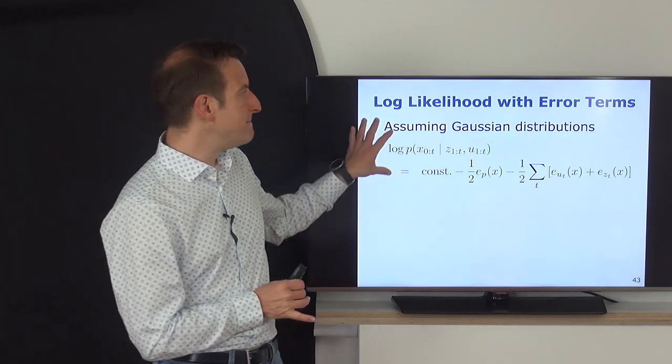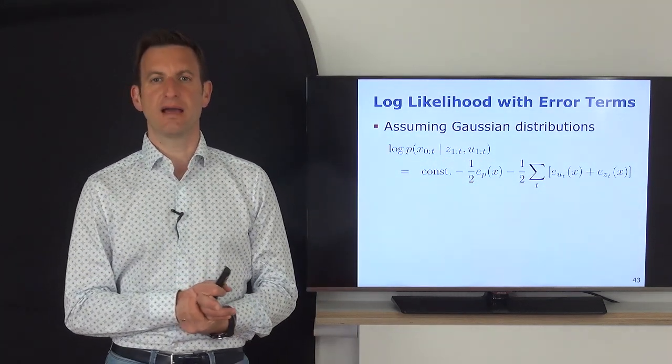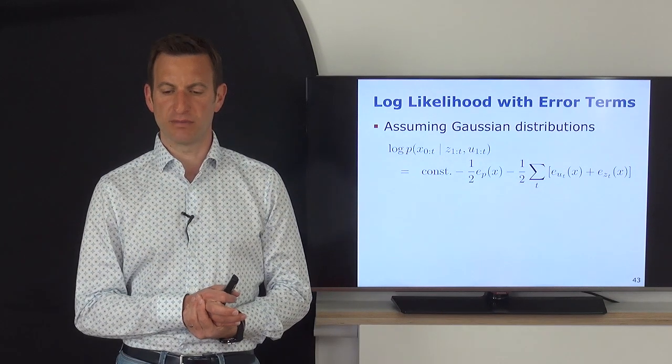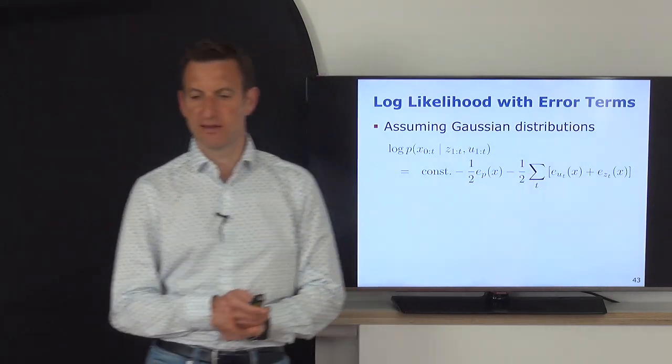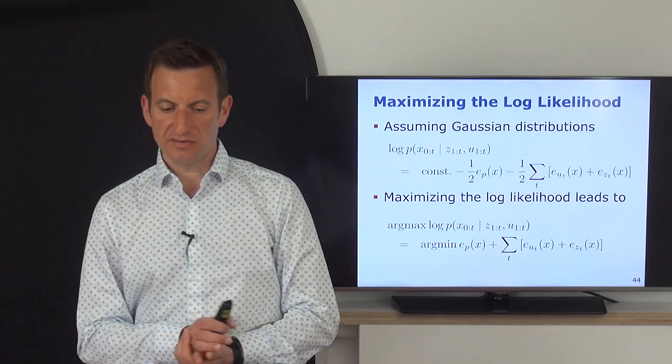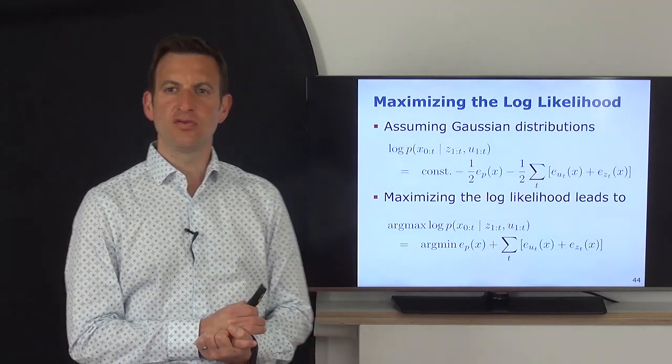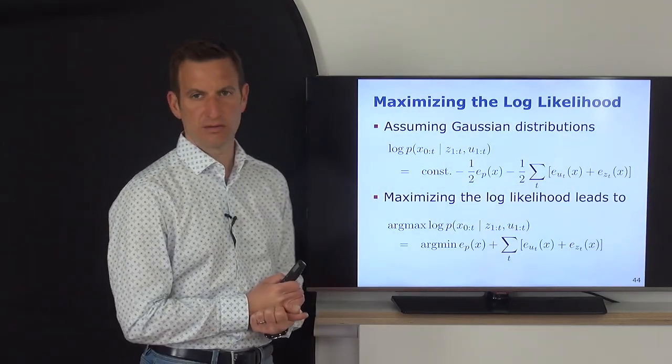So if I'm now maximizing the log likelihood of my probability distributions, if I'm maximizing this term, this is actually equivalent to minimizing the error, right?